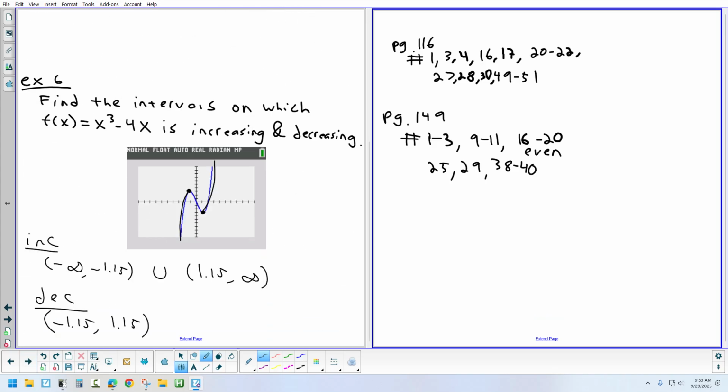So there is a lot on the calculator for this one. Page 149 is mostly on the calculator. But just write down, if it asks you to find a min or a maximum, just write down the result. There's not as much work to really show. Yeah, so the second page is the minimums and maximums and describing the increasing and decreasing.